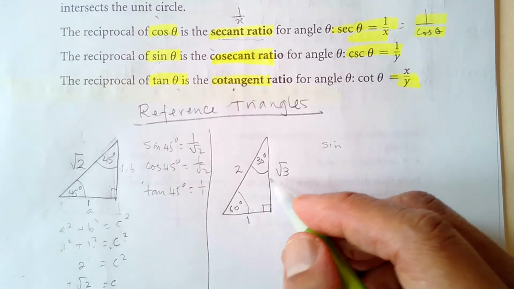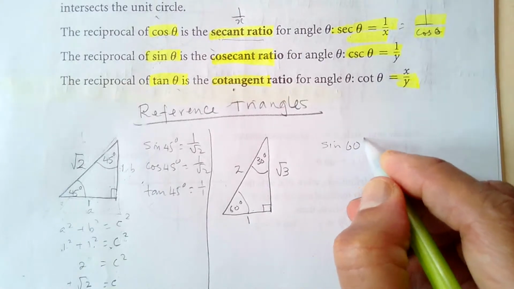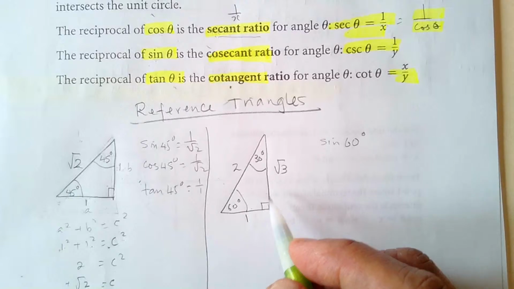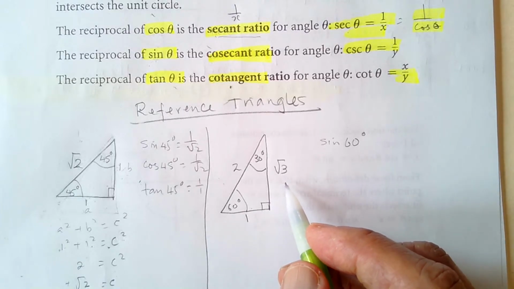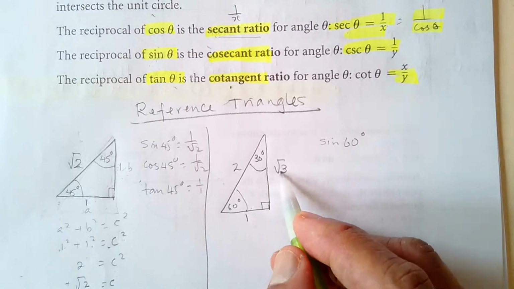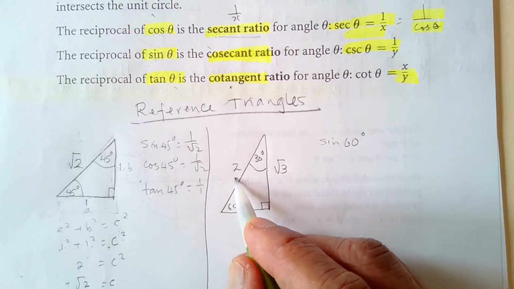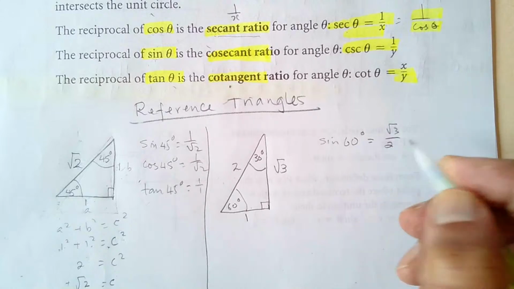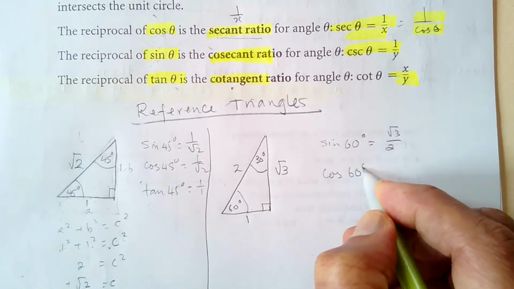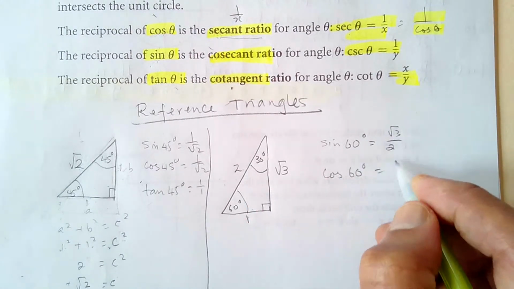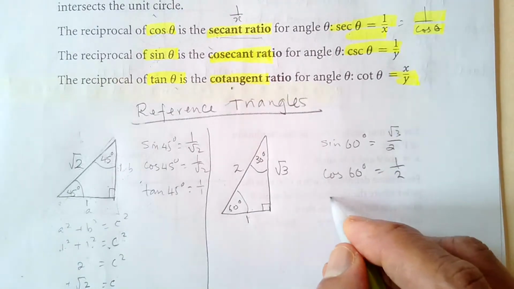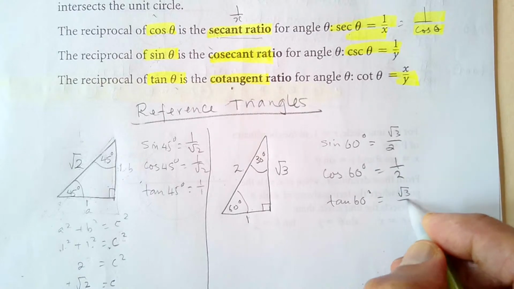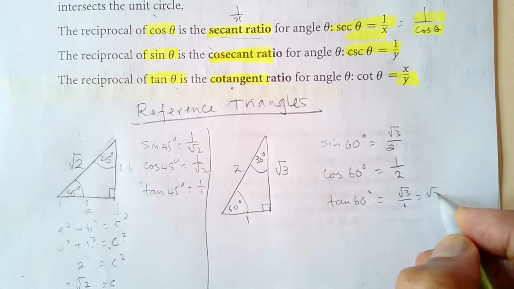For this one here, sine 60 degrees is equal to, remember, sine is opposite over hypotenuse, which is root 3 over 2. Cos 60 degrees is 1 over 2. And tan 60 degrees is equal to root 3 over 1, which is root 3.